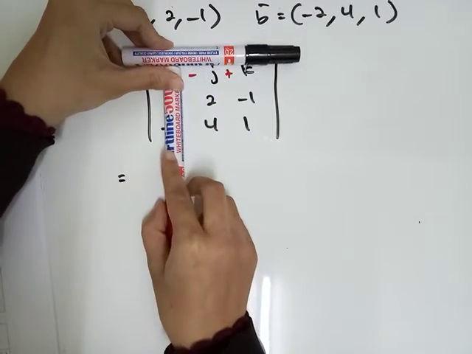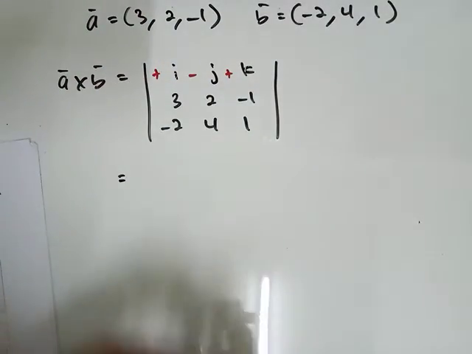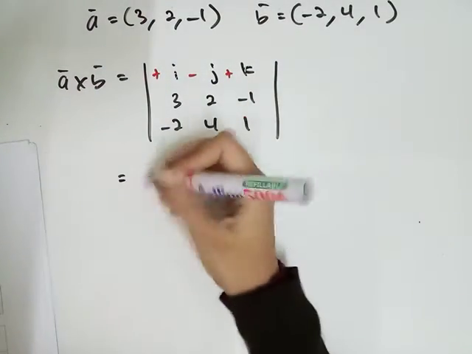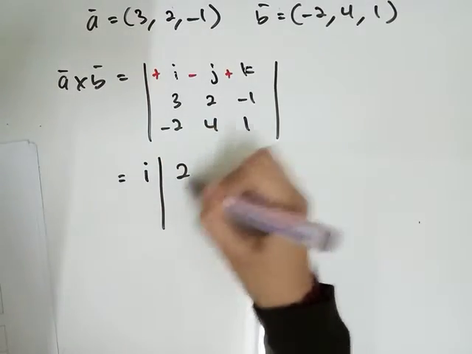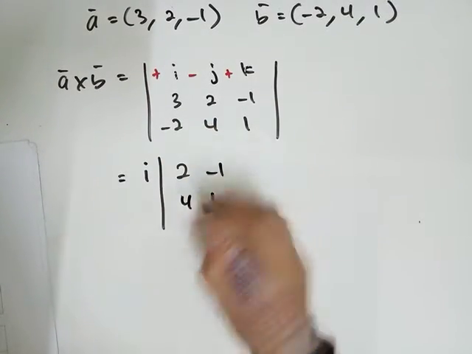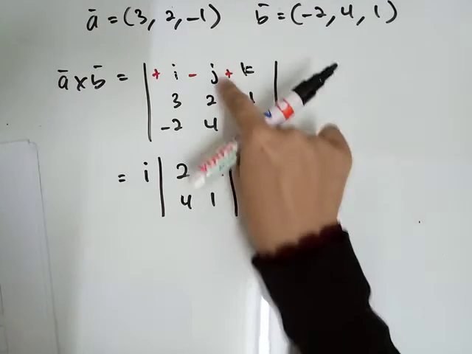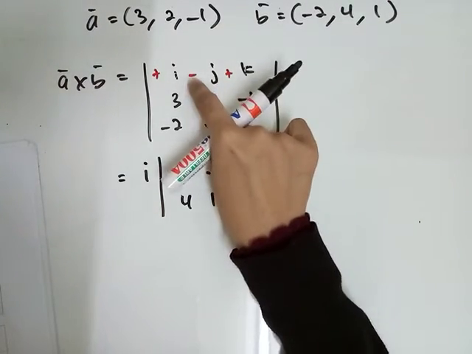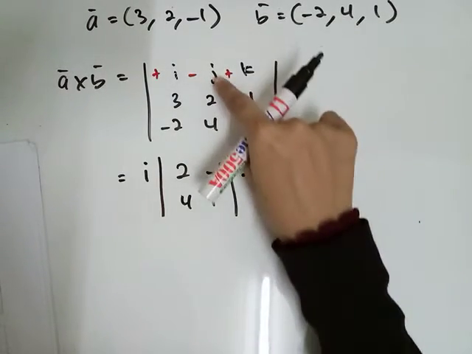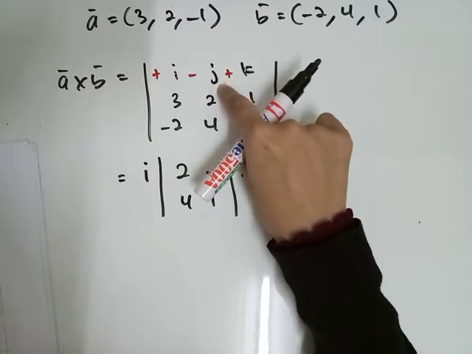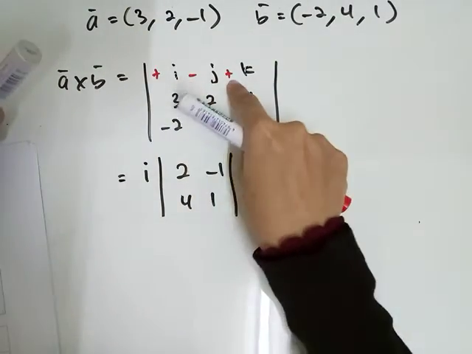So apa yang tinggal kat sini? 2, -1, 4, 1. That is for I. And then for position vector for J, bila ada negatif, so put it negative. Kita nak cari determinant for the element for J, so you have to eliminate the row and the column.